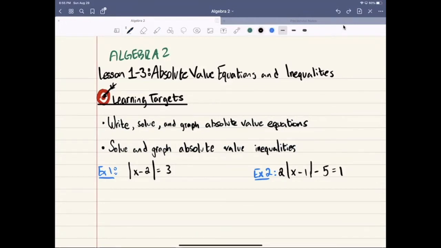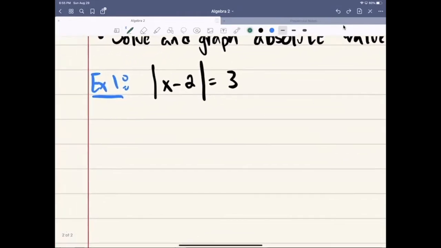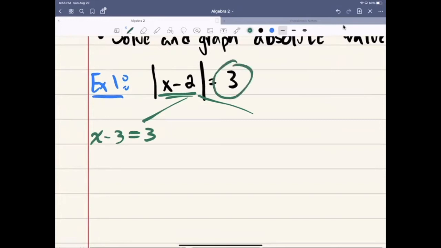To solve these questions, you solve them like you would almost every other equation, it's just a little bit different. When it comes to absolute value equations, once you have the absolute value alone, remember this is what absolute value looks like, you have to split the problem up into two different problems. You're always going to keep the same inside, so you're going to write x minus 2, and the first time you rewrite it, you're going to write this 3.